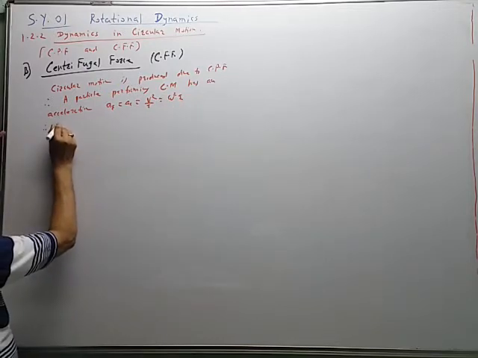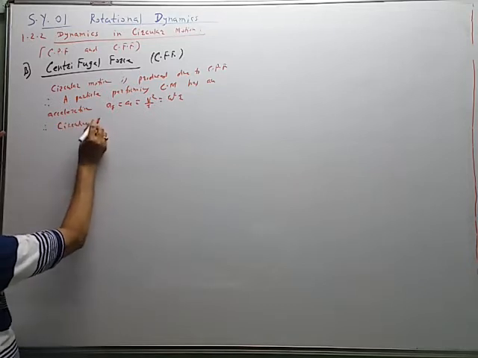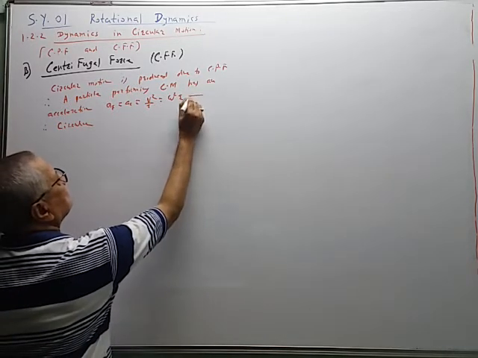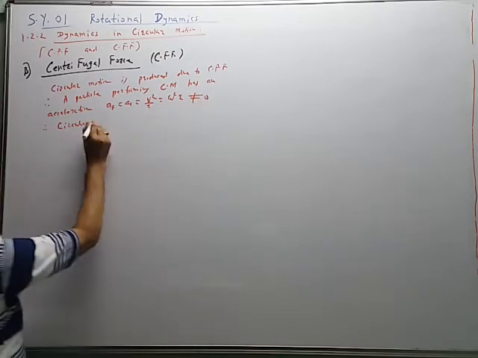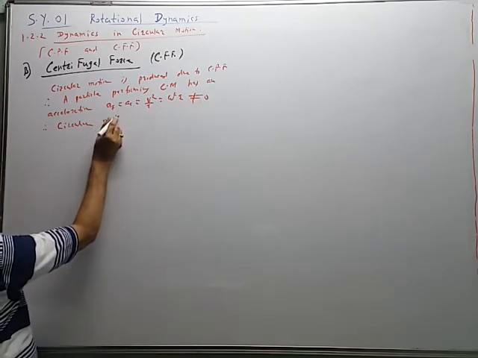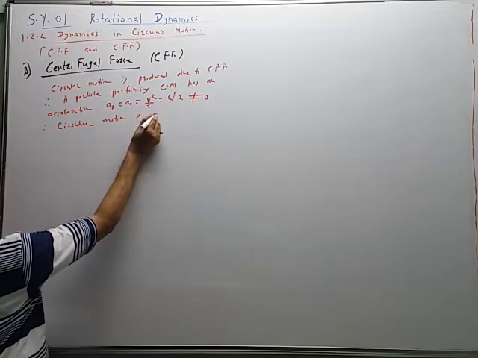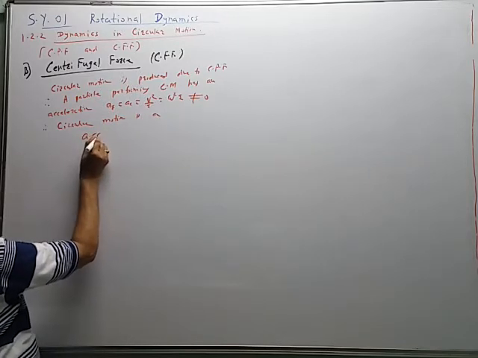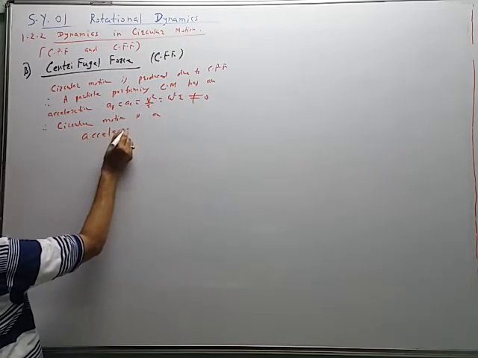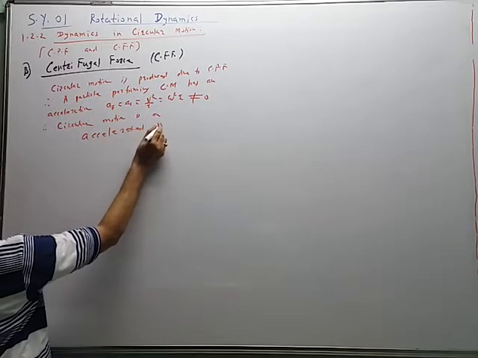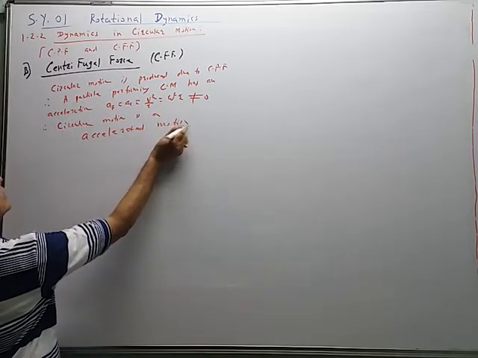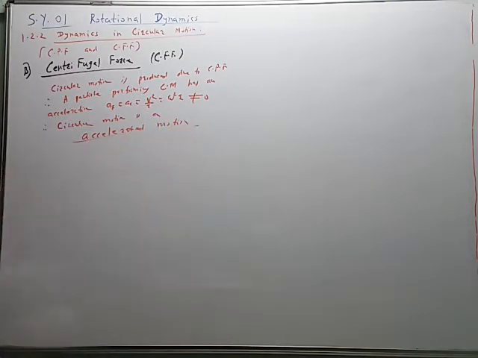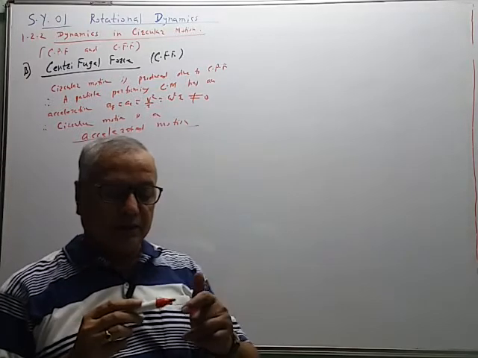Therefore, what is the result? Circular motion has acceleration, so this acceleration is not equal to 0. Therefore, circular motion is an accelerated motion. A body has accelerated motion.